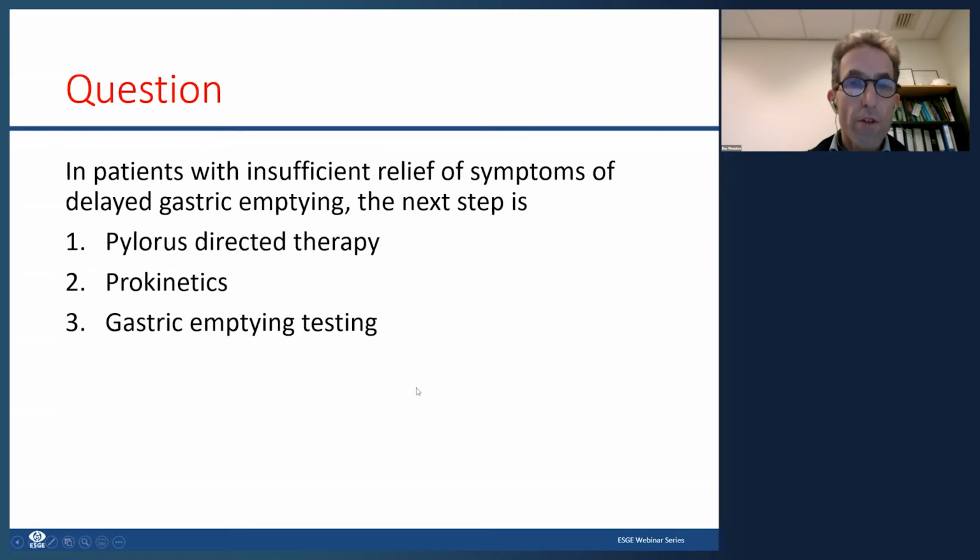In a patient with insufficient symptom relief of conservative measures, what is the next step? Is that a pylorus-directed therapy, or is it gastric emptying testing, or prokinetics? So I hope we don't switch between these screens anymore.